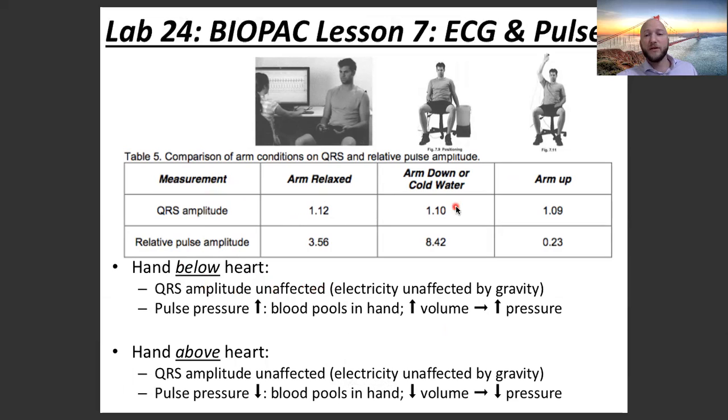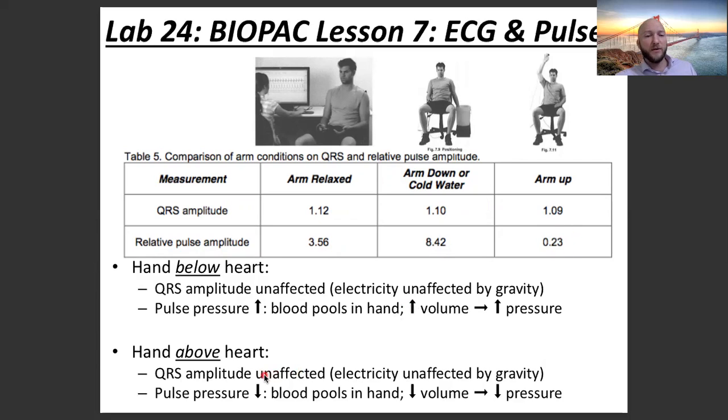So with the hand below the heart, the QRS complex is unaffected, same amplitude. QRS amplitude is basically the same across. Any error is probably just due to measuring error. Relative pulse amplitude: 3.56 when the arm's relaxed on the table in front of you, 8.24 when your arm is down, 0.23 when it's up. It goes down a lot when it's up.